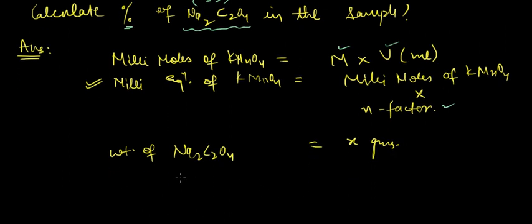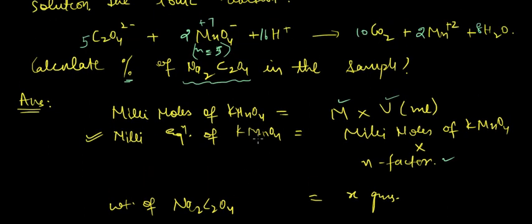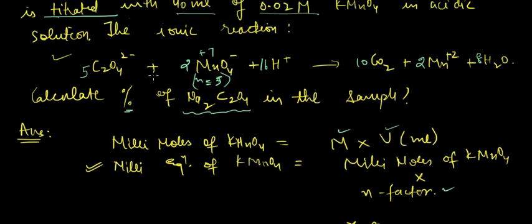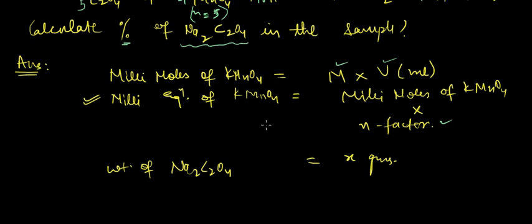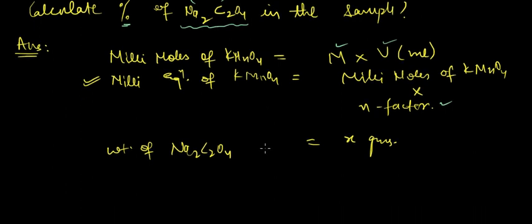Okay, now we have to equate these milli equivalents of KMnO4 with the milli equivalents of Na2C2O4 which actually reacted following this reaction, because titration happened. So as a result we have to calculate the milli equivalents of Na2C2O4. And how is it calculated?